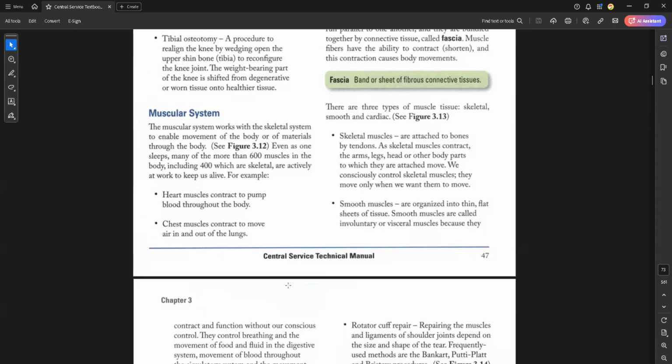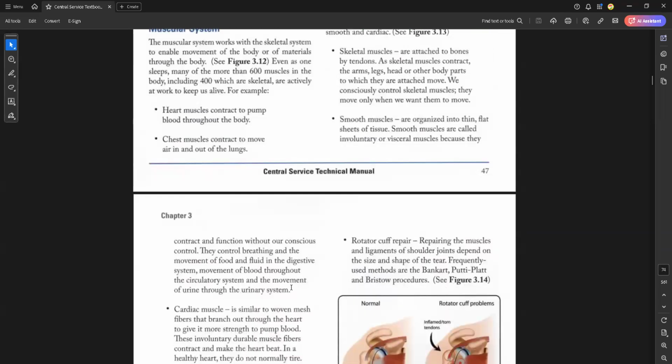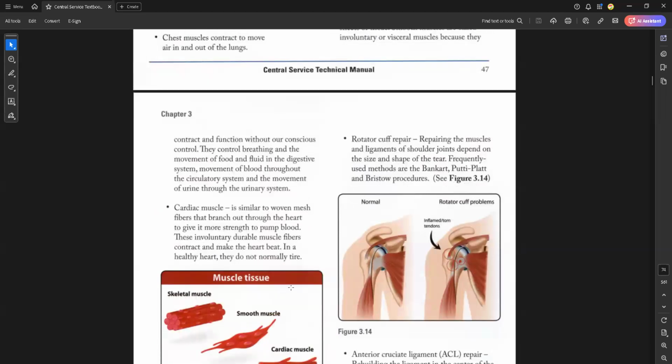Unconsciously, they are working. We don't instruct them to work, but they are working. So the muscles play a very critical role. Heart muscles contract to pump blood throughout the body. Chest muscles contract to move air in and out of the lungs. So these are some of the key roles of the muscles.